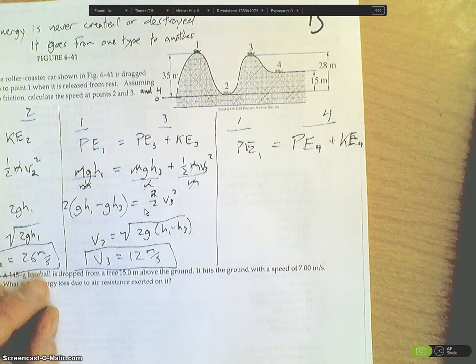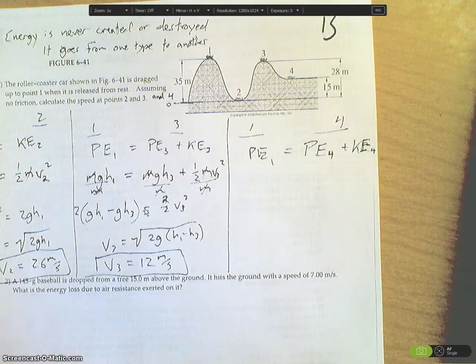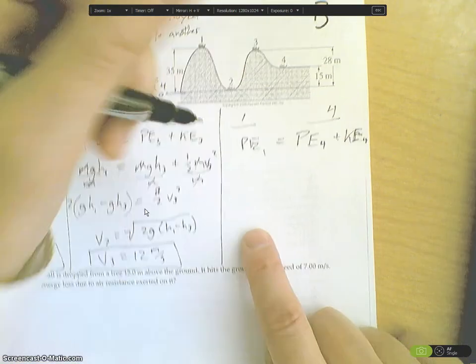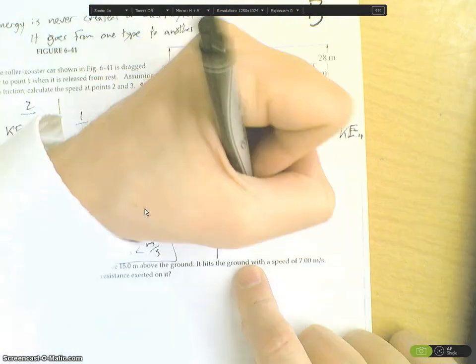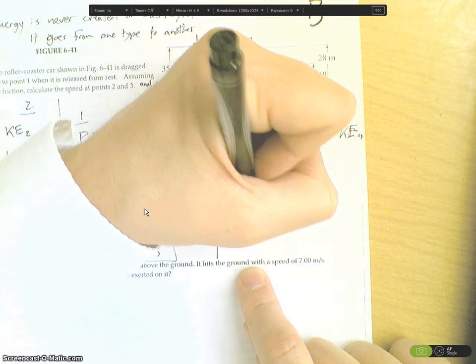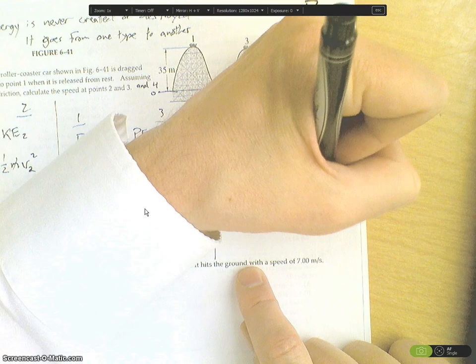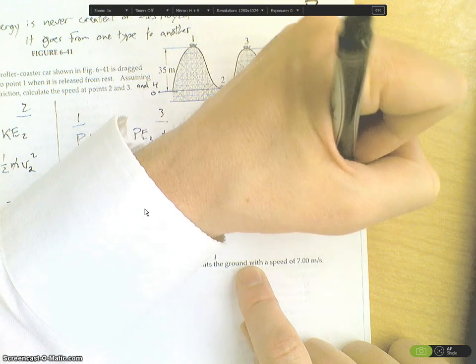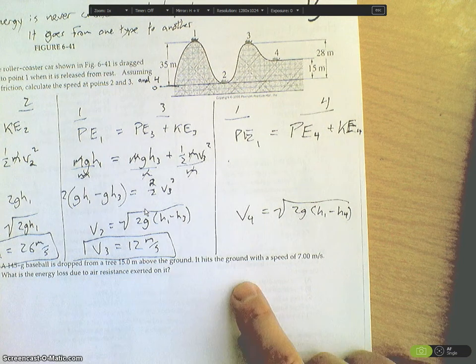Because energy is never created or destroyed. So the total energy at 1 has to equal the two energies at 4. If I go through and do this algebraically, I will end up with 2g(h1 minus h4), because it's really the same process.